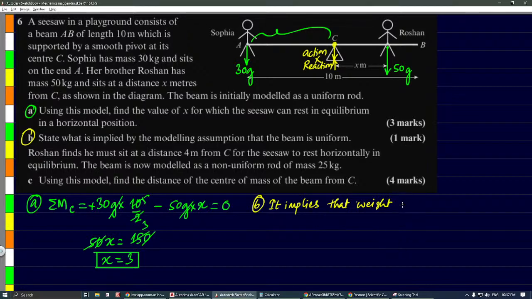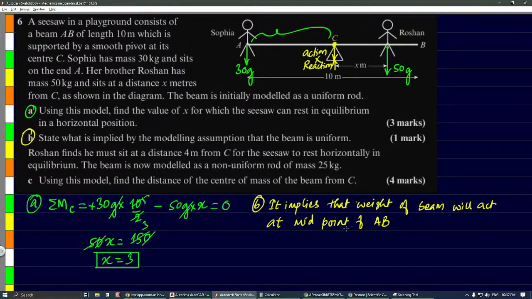It implies that the weight of the, what is that, seesaw, no? Beam. Weight of beam will act at the midpoint of AB.